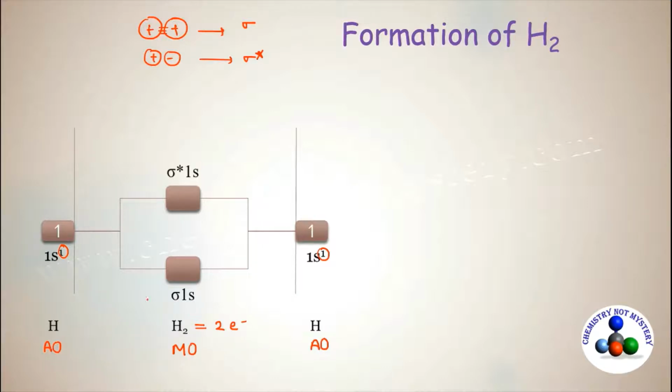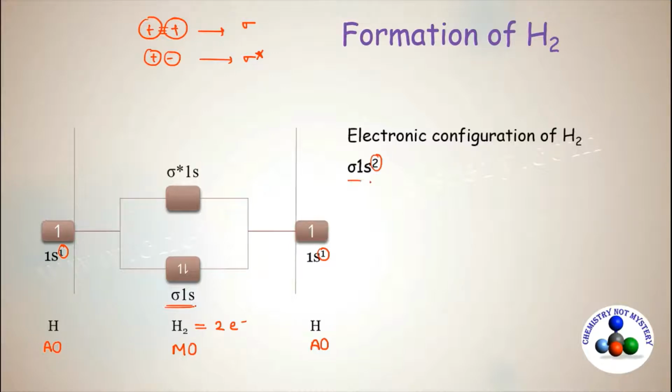The sigma bonding molecular orbital has the lowest energy as compared to the sigma anti-bonding molecular orbital. So we are going to fill 2 electrons in the sigma 1s molecular orbital. Now write the electronic configuration for the H2 molecule. You have to write sigma 1s2, because we have filled 2 electrons in the sigma 1s molecular orbital.